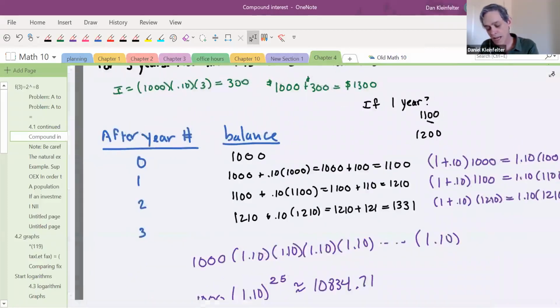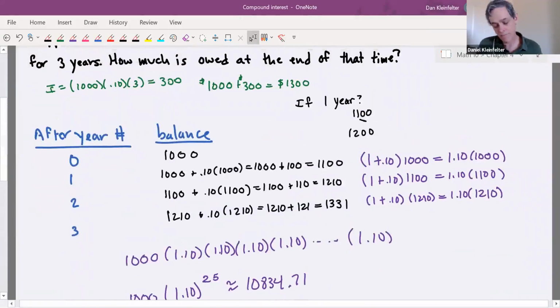All right, so a natural next question is this. In the first year, we were thinking, okay, well, the person owes us $1,000, and that's the 10%. They owe us $100 from borrowing that $1,000 for the 1 year at 10% interest. And so that's why we charged them interest on that $100 during year 2.